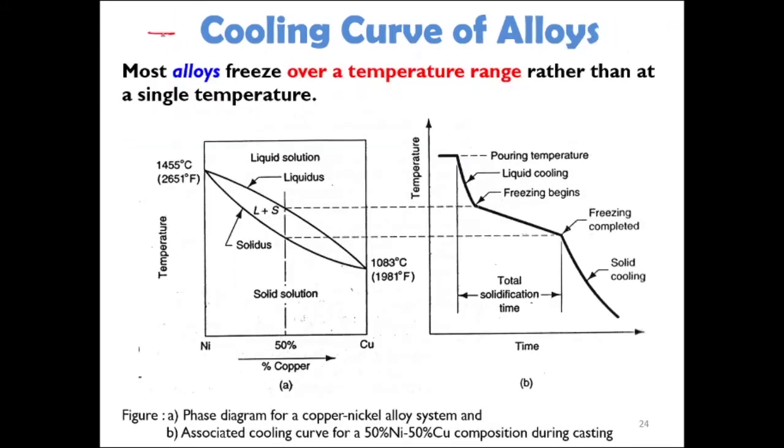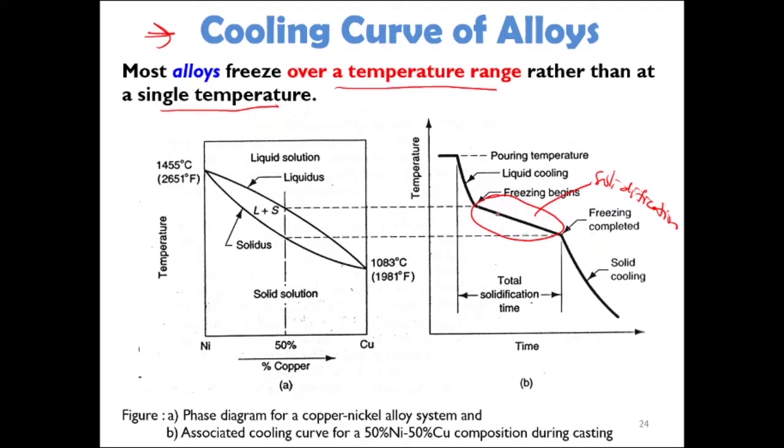And then we have the cooling curve of alloys. Most alloys freeze over a temperature range rather than at a single temperature. You can see the solidification process occurs here. There is a slope during solidification of an alloy, not like pure metal where the temperature is constant during solidification. This is because alloys have two or more components. For example, if we have nickel and copper, they have different melting, or freezing, temperatures.